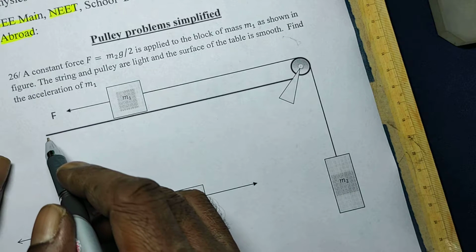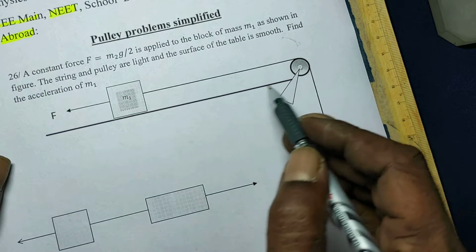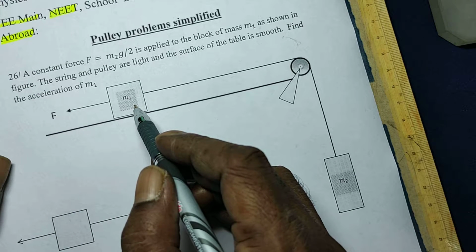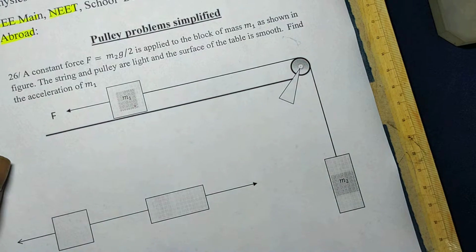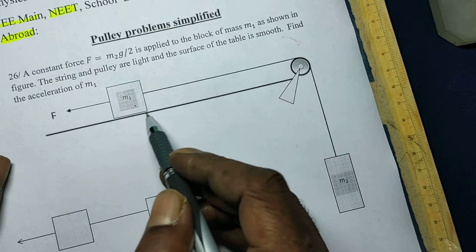Now look, this surface is smooth. There is a mass m1 here. The value is not known, though it might be given in a real life numerical problem. This mass is m2, and here the surface is smooth.